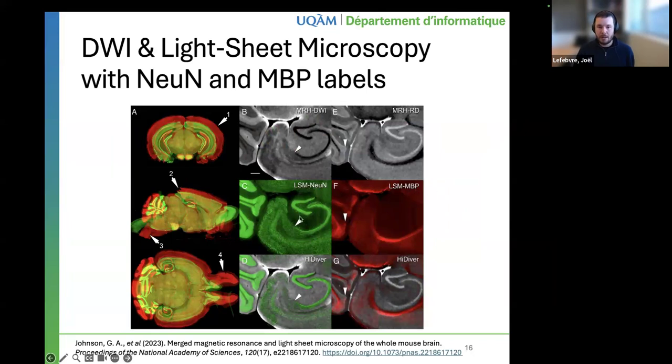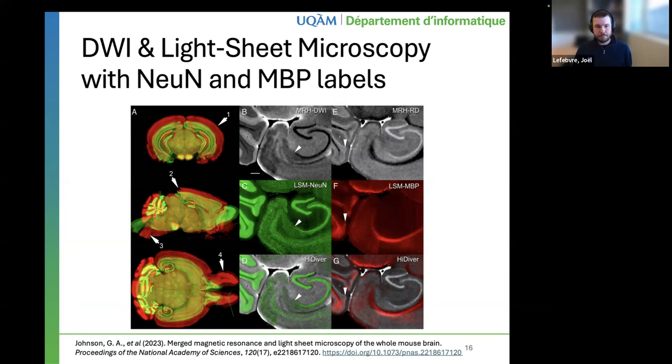So one of them will map all the neurons, and the other one will map all the neurons that have protein that have myelin. And with that, they can also do light sheet microscopy in the whole brains and then study the architecture of the connections.